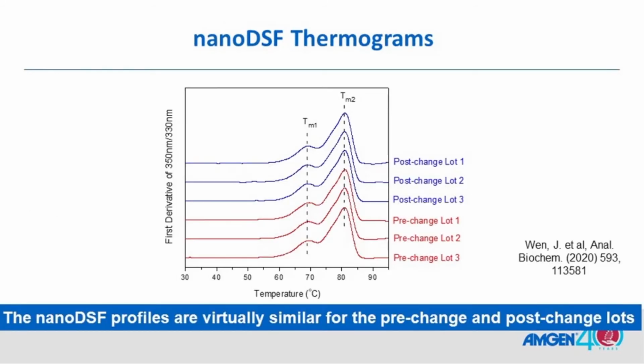Here are nanoDSF thermograms. The blue traces are the post-change lots. The red traces are the pre-change lots. So the nanoDSF profiles are virtually similar for the pre-change and post-change lots.